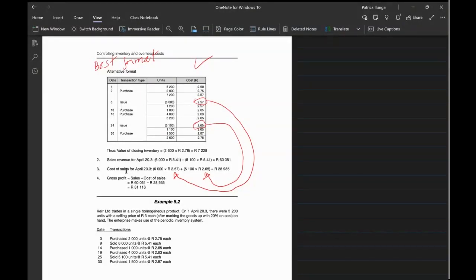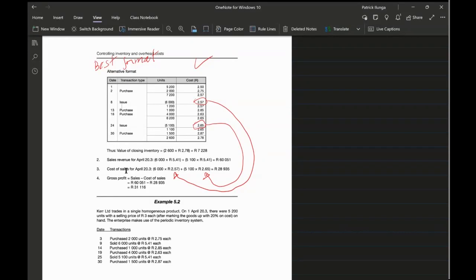And you know how to calculate the gross profit. Sales minus cost of sales. Why are they calculating the gross profit? Why is this question always going to come back? Like I told you from the very beginning, you are an entrepreneur. You need to know if a company is profitable. You need to know if a business venture is profitable. That's the question that will always be there.